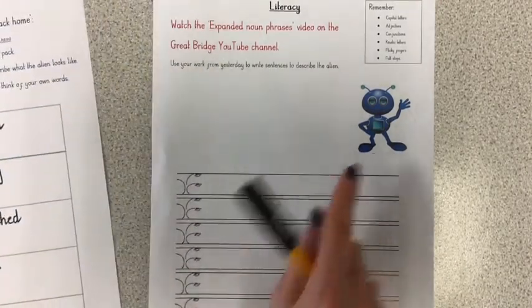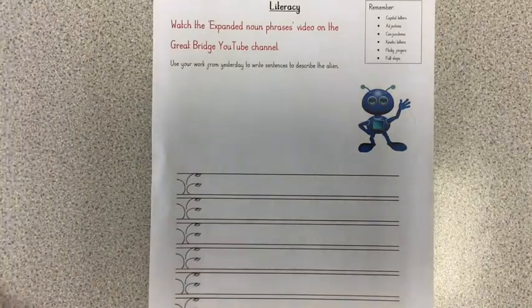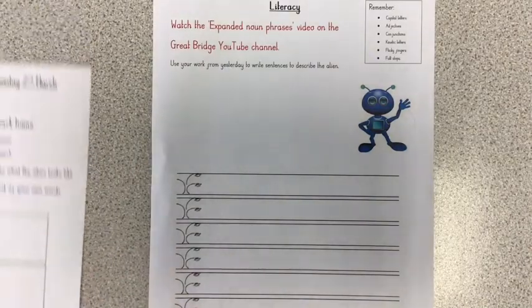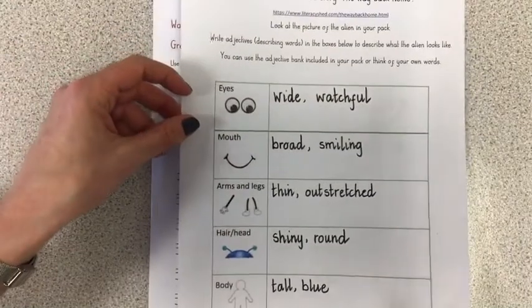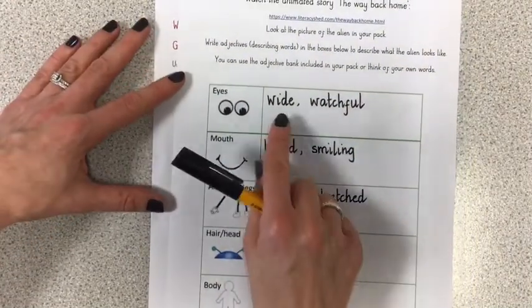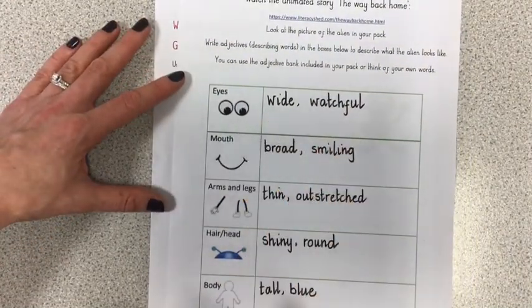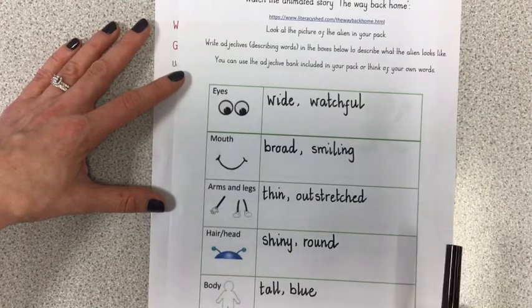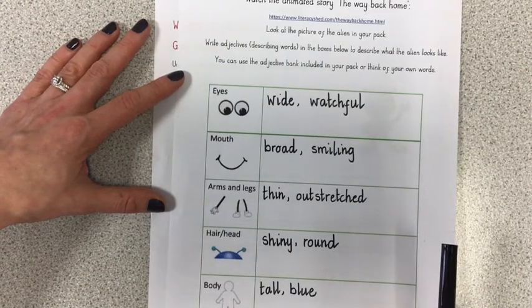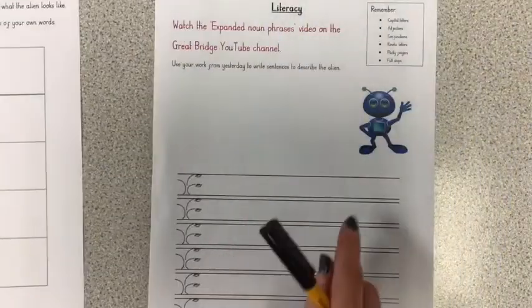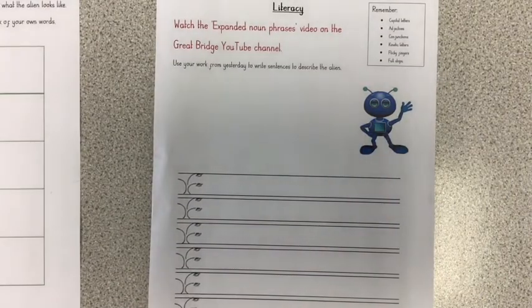So I'm going to start off by describing his eyes. Now my adjectives that I've chosen will be different to yours. My adjectives are wide and watchful. So I'm going to say the alien has two wide, watchful eyes to learn new things about the universe.